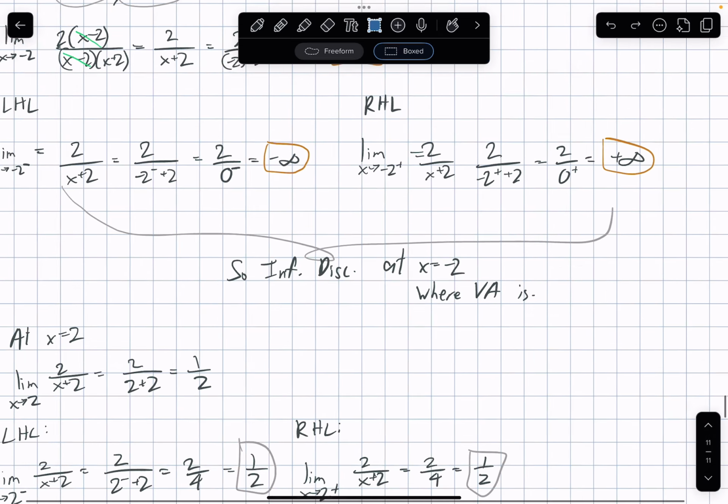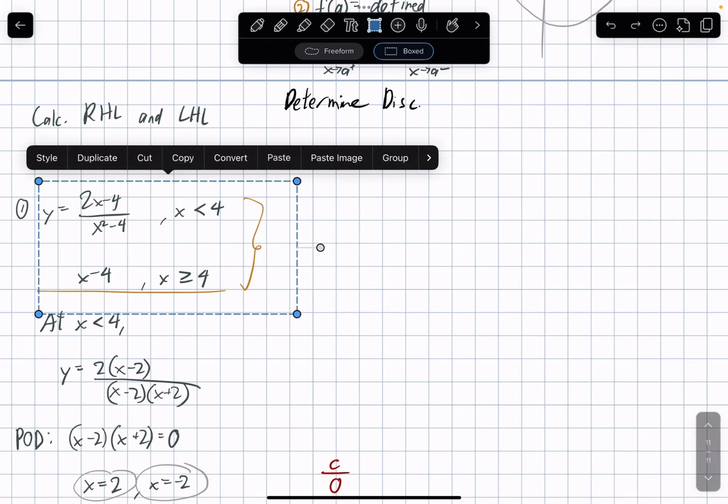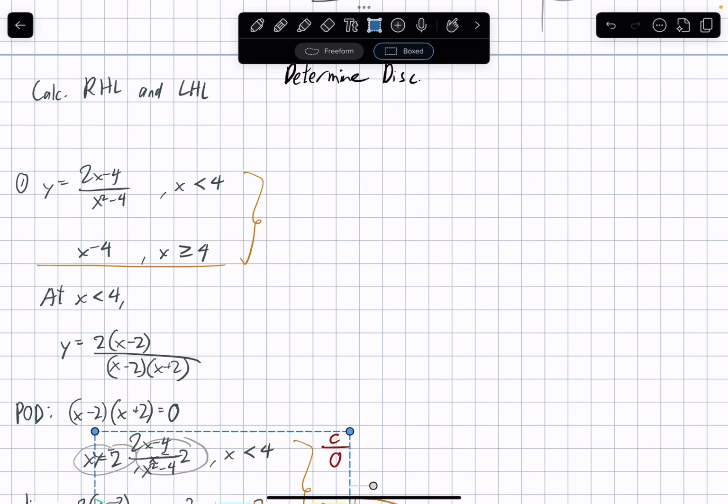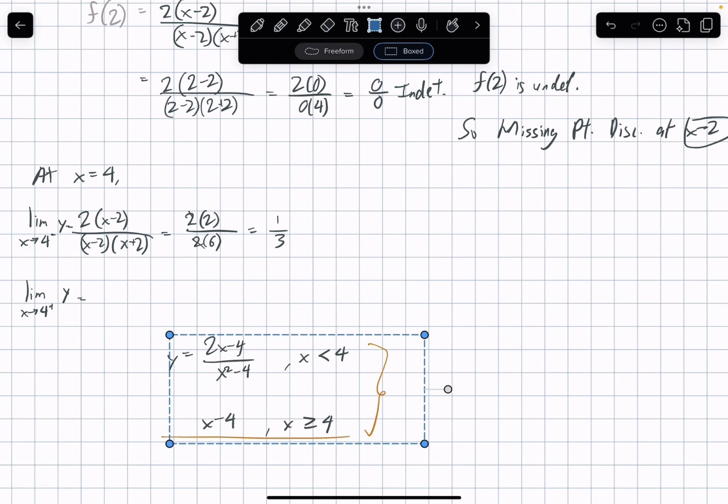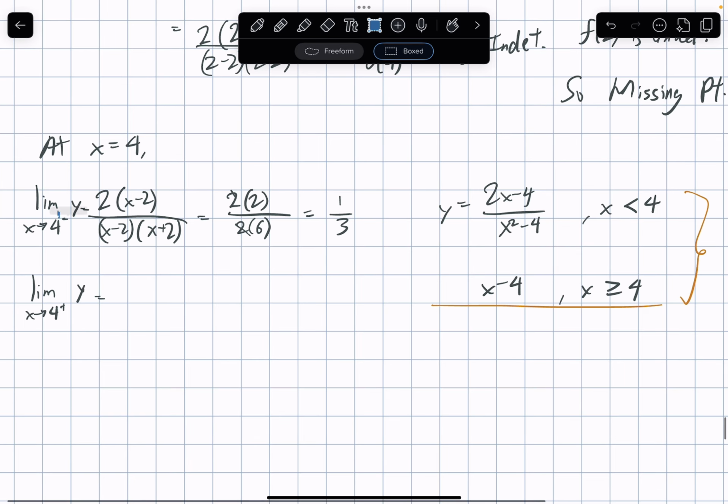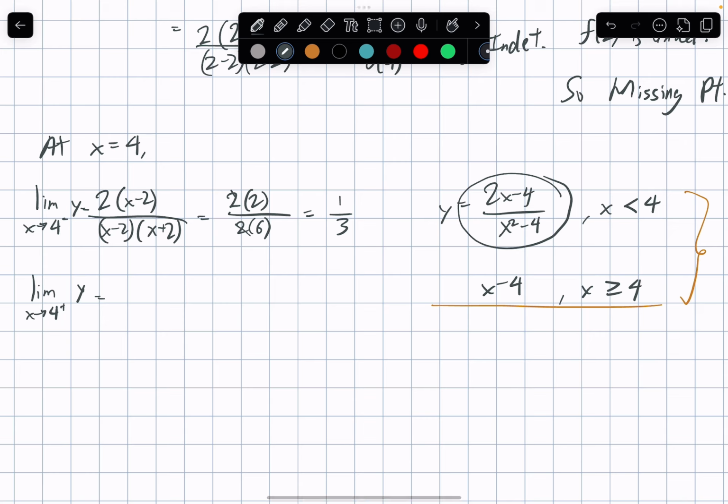So let me just remind you that looking back here, coming from the left, any value that is less than 4 makes the use of this function appropriate. But if we consider values greater than 4, we use this because the condition there is that x is greater than or equal to 4. So we use this. So substitute 4 as x and then just copy minus 4.